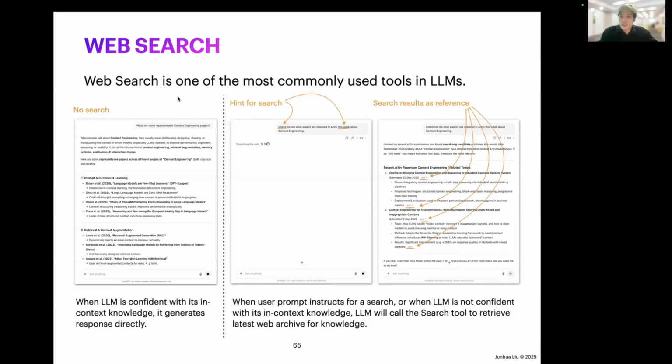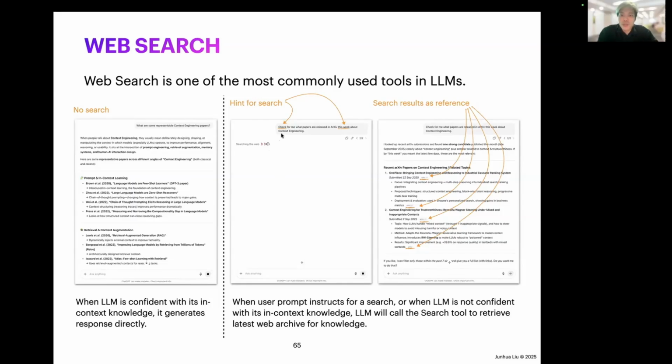Another very frequently used tool is called web search, which appears in most, if not all, the popular LLM applications. We see here if the prompt does not hint at a web search, the LLM can answer with its general in-context knowledge.